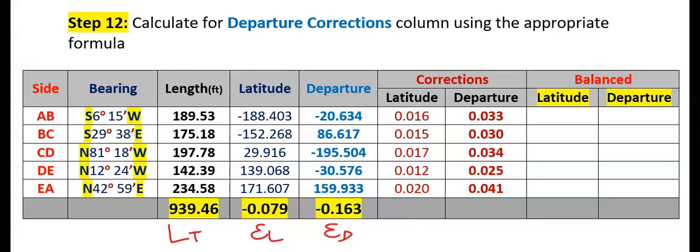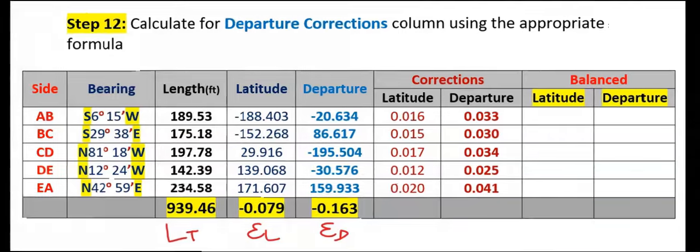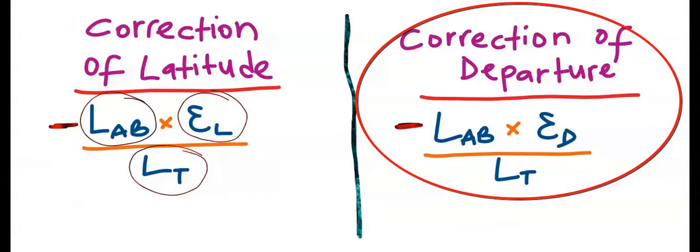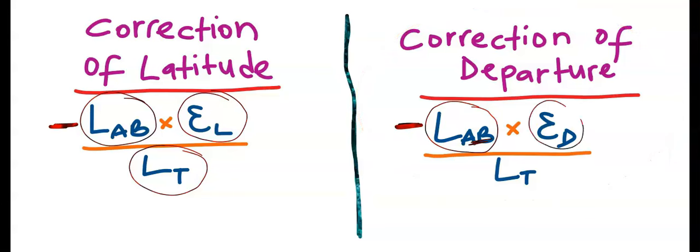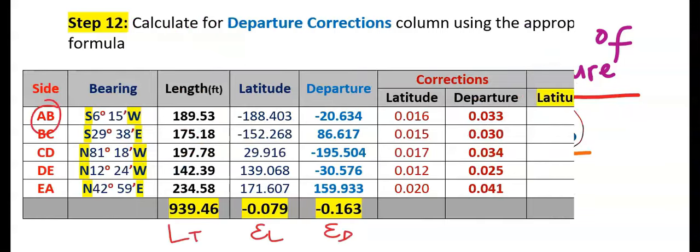Step number 12. Calculate for the departure corrections using the appropriate formula. For the departure, it is the considered length. It must not always be AB. It can be BC, it can be CD. Multiply by the total error, the sum of the departure, divided by the total length. Let's consider AB.